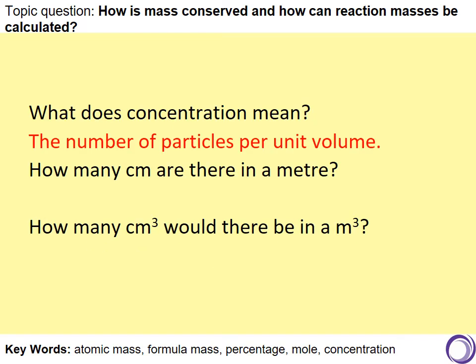Well, concentration is the number of particles per unit volume. In a metre there are 100 centimetres. So if we're working out centimetres cubed in a metre cubed, to work out a volume we multiply each of the sides. So it would be 100 times 100 times 100, which is 1,000,000 centimetres cubed in a metre cubed.